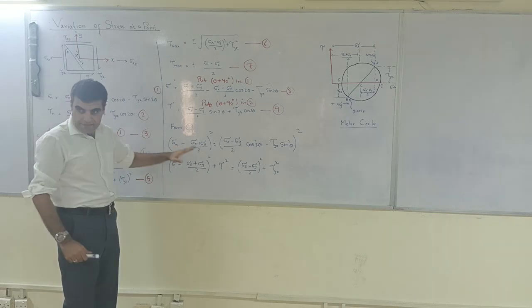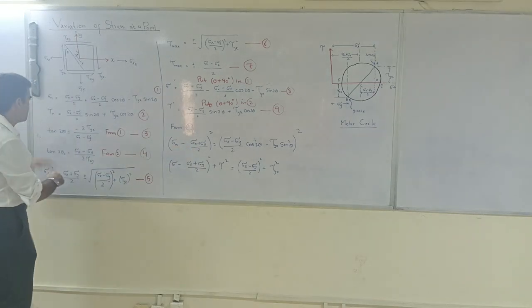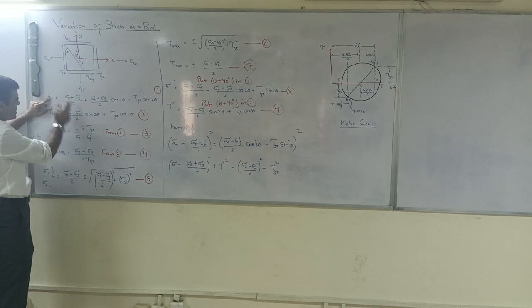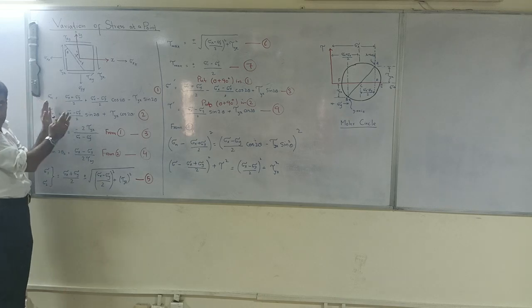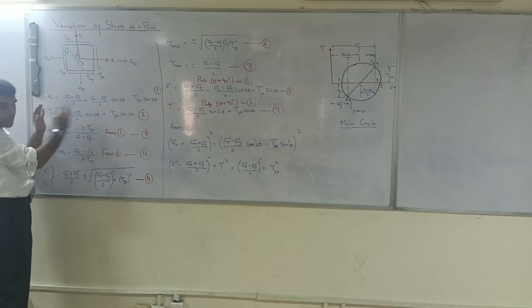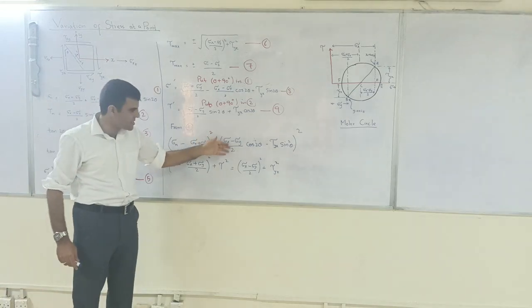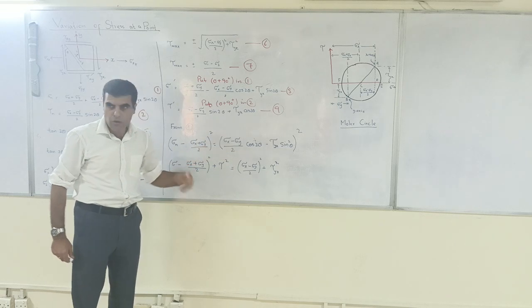So what I've done is I've got this equation. I have taken this to that side, and I have squared both sides. So this is then a minus b whole square, and this is again a minus b whole square.